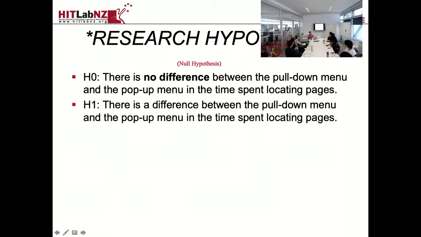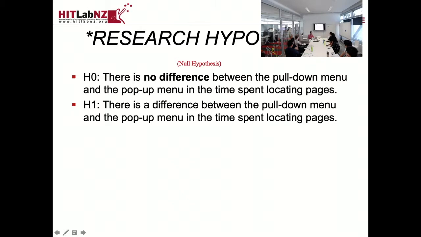So generally, when you design your hypothesis, we can say H0 or H1. That is just a conventional way. H0 is sometimes called the null hypothesis, which means there is no difference. No difference is the null hypothesis.